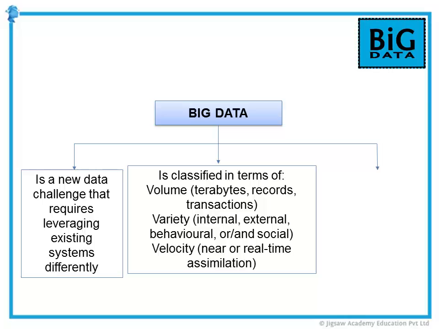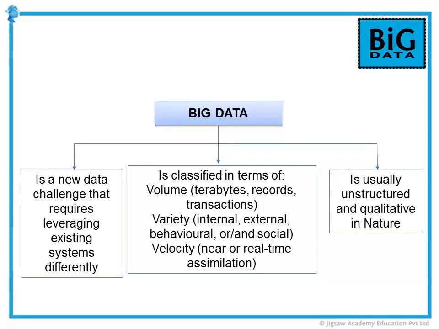The third classification, velocity, refers to its assimilation. How near or real time is it? We will look at these concepts in more detail in later classes. And finally, big data is largely unstructured and qualitative in nature, hence giving its name, big data.